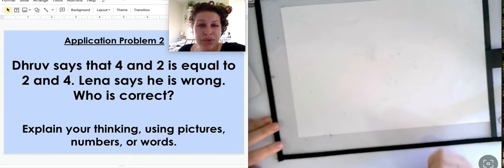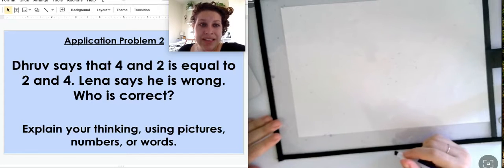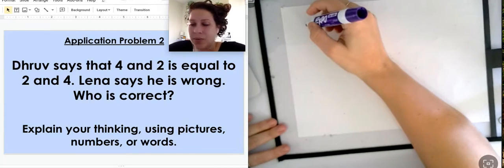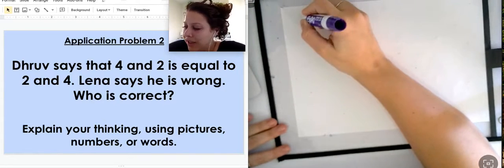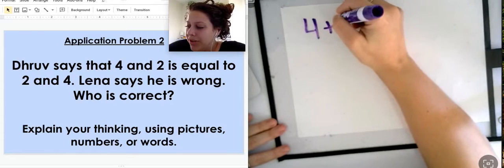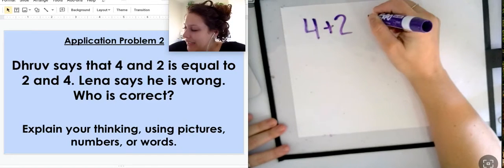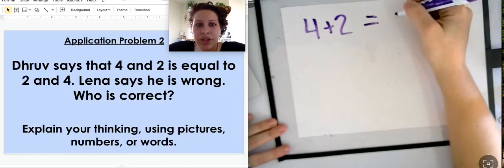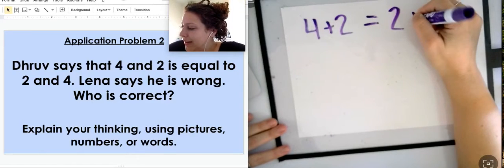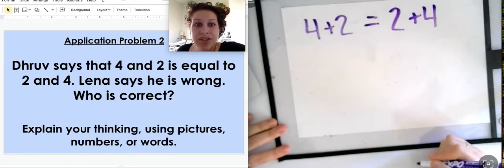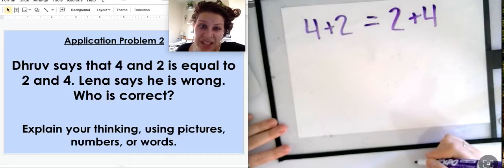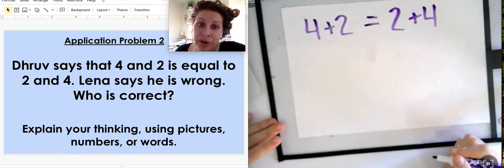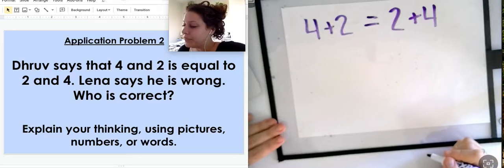It says Drew says that 4 and 2 is equal to 2 and 4. So I'm going to write that. Drew thinks 4 plus 2 is equal to 2 and 4. So let's see if he's correct, because then we'll figure out if Lena's right or not.